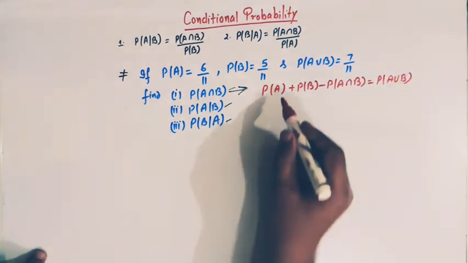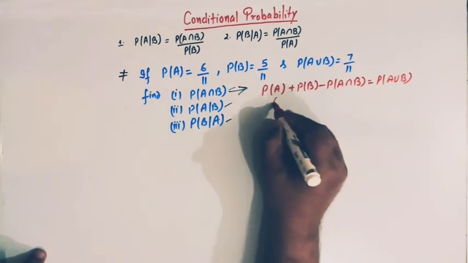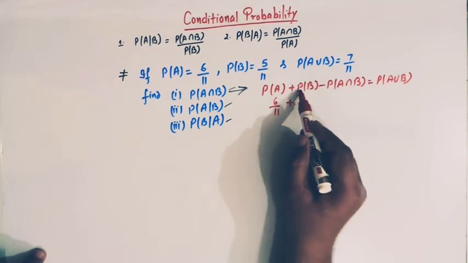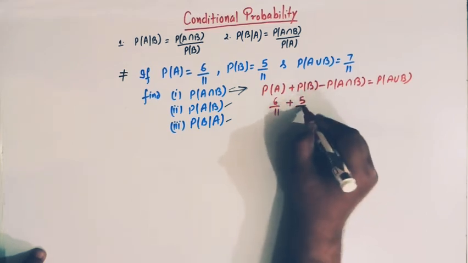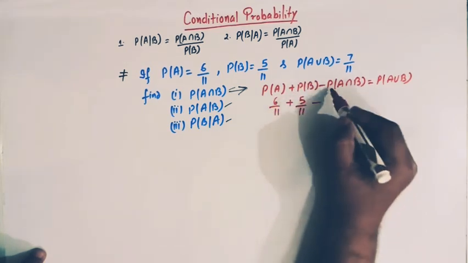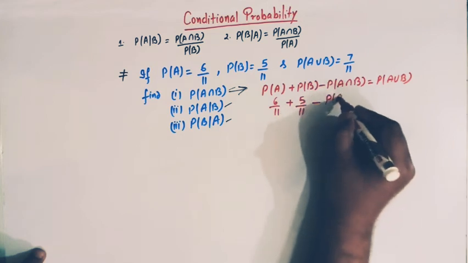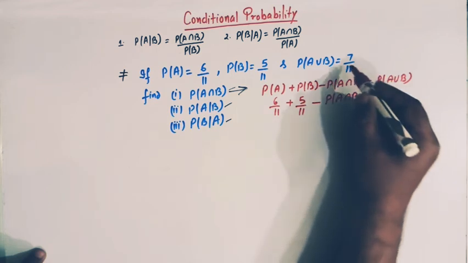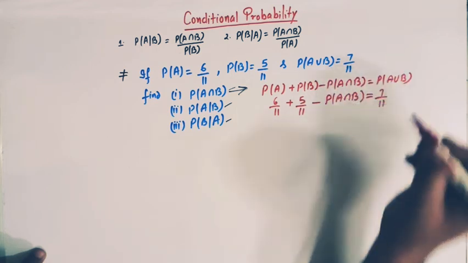So here P A is 6 over 11, P B is 5 by 11, minus P A intersection B, and the probability of A union B is 7 over 11.